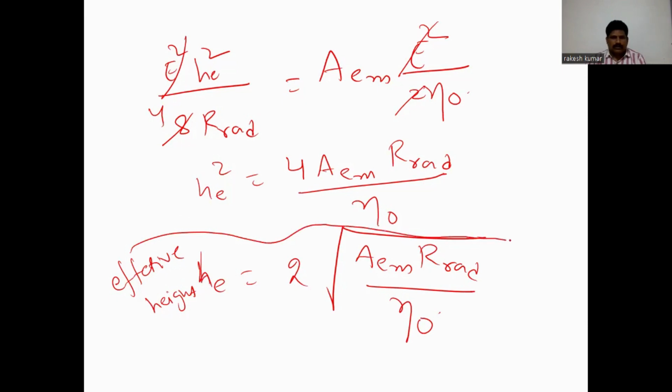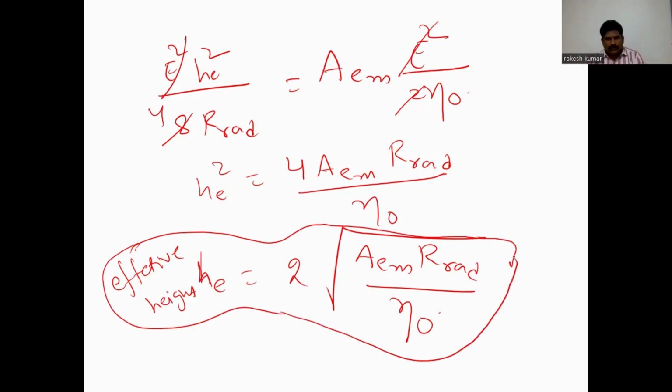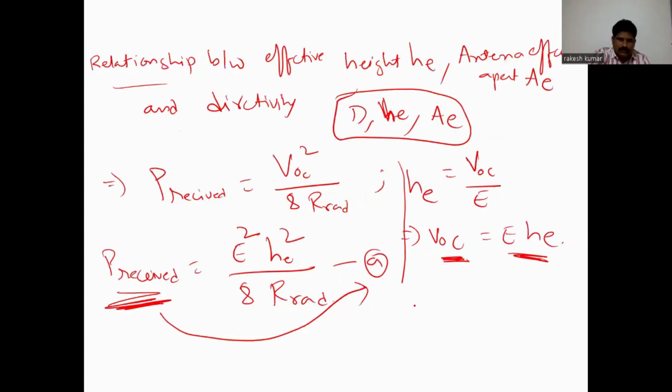So use the relationship between them. Effective height H is equal to 2 into A effective aperture area into radiation by 2 beta. Sorry, here it is not directivity, it is R rate.